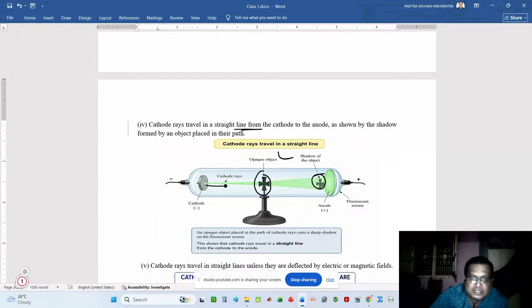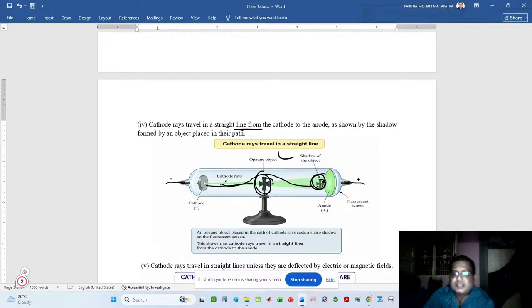Since it moves in a straight line and does not pass through the opaque object, as a result, a shadow will form. If it did not travel in a straight line, it could change its direction, and then no shadow of the object would form.